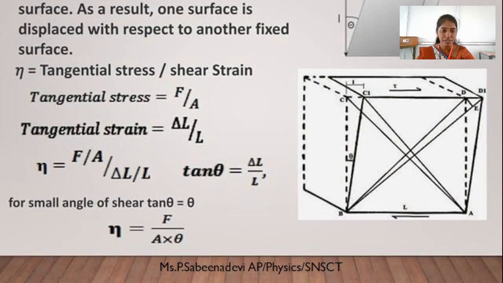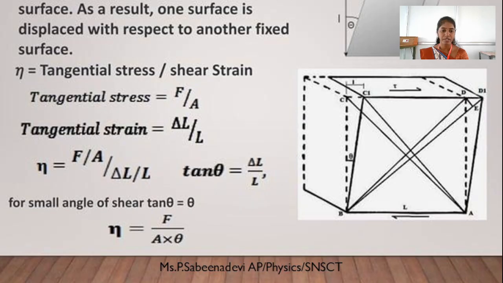So in this video I explained about rigidity modulus of the materials, right? In the previous video I explained about the types of elastic modulus. Elastic modulus is nothing but the ratio of stress by strain. In elastic modulus we have three different types: Young's modulus, rigidity modulus and bulk modulus.